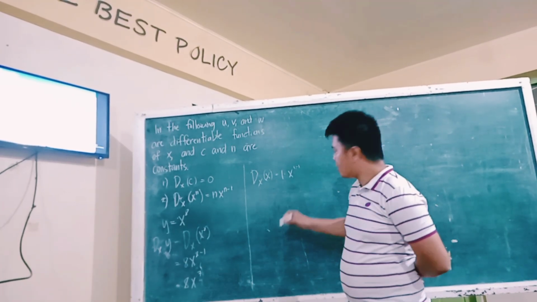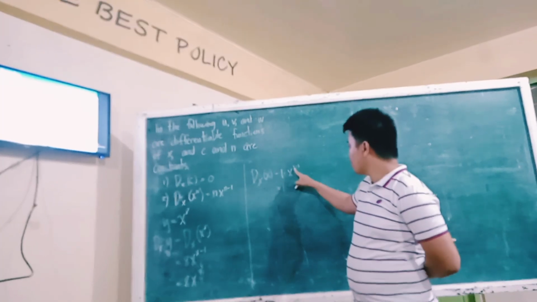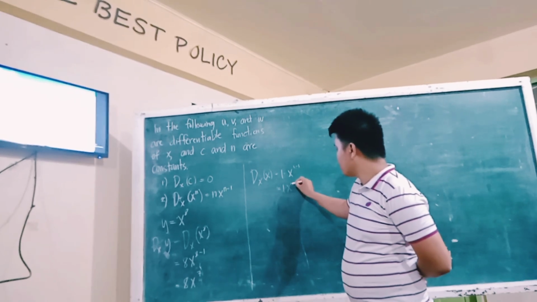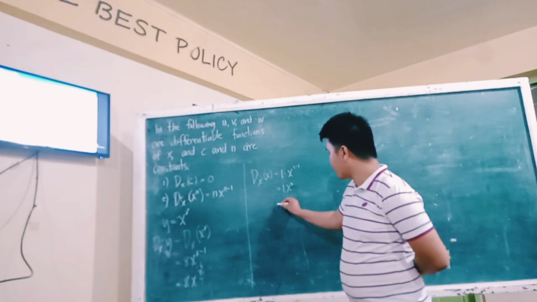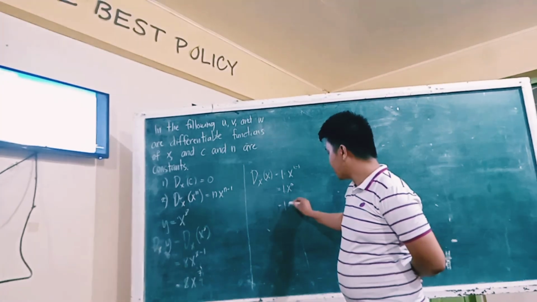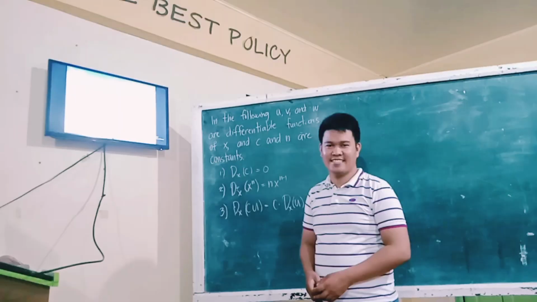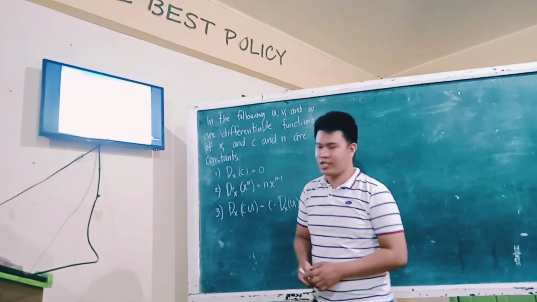After that, simplify: we have 1, and then 1 minus 1, the exponent of x, is 0. So x to the 0 is 1, correct? So this is 1 times 1, which is equal to 1. Any questions so far? If none, let's continue.